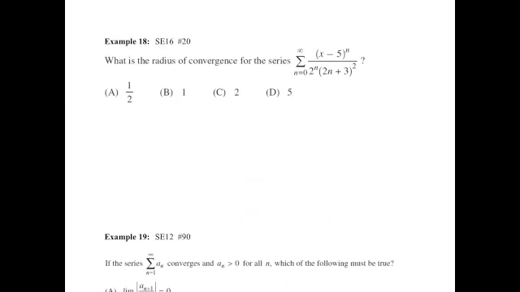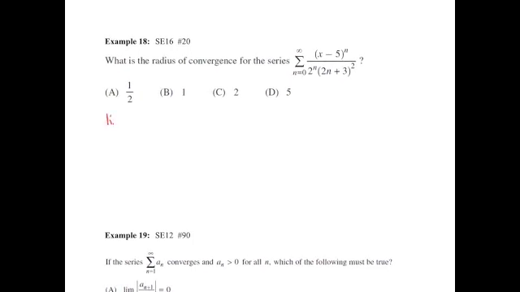Okay, example 18. So we're looking at the radius of convergence. So we take the limit as n goes to infinity of the absolute value of, I'm going to try to algebraically simplify this right away. So (x minus 5) to the n times (x minus 5).